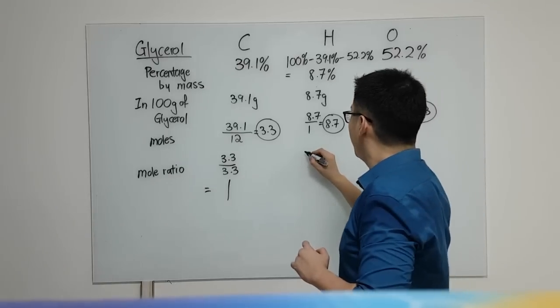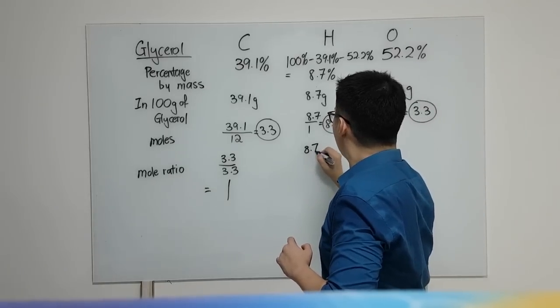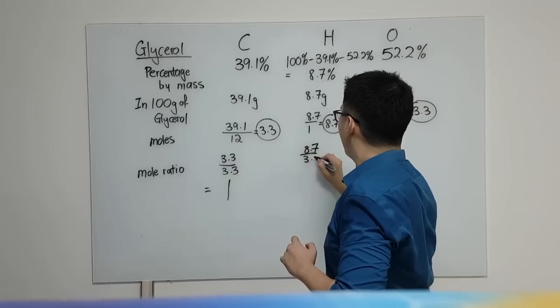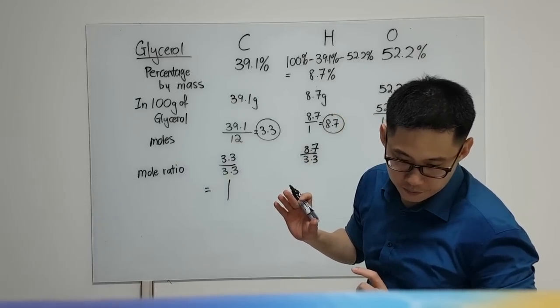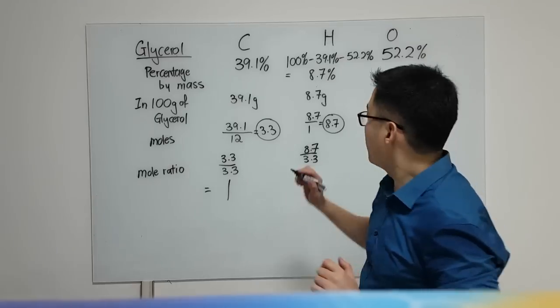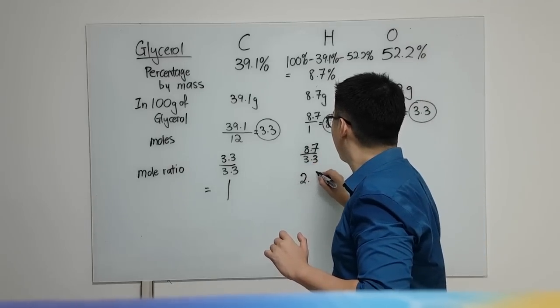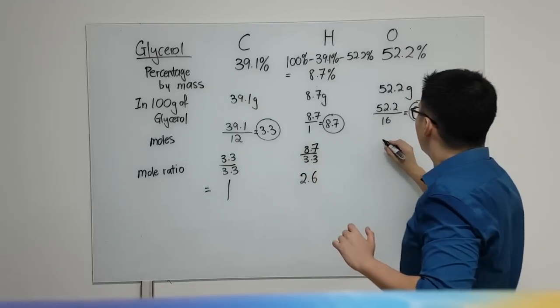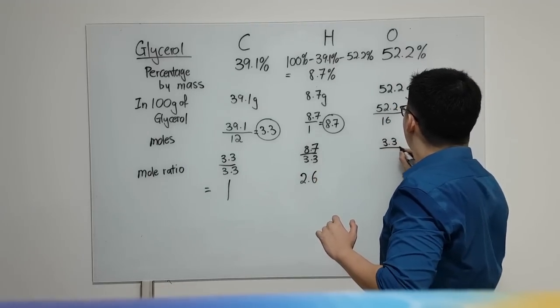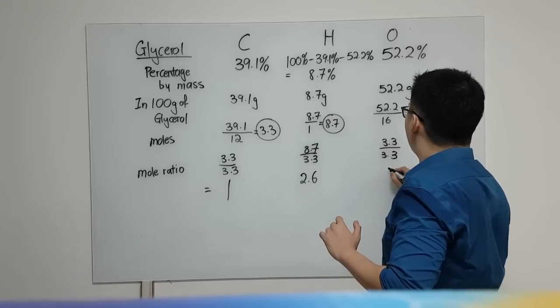In this case here, 8.7 divided by 3.3, that would give me roughly around 2.6. In this case here, 3.3 divided by 3.3 will give me 1.